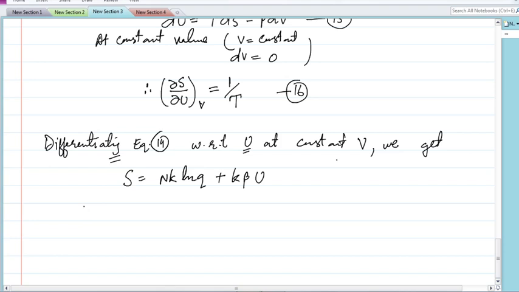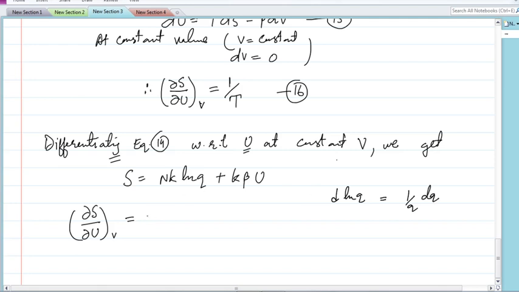So dou S with respect to U at constant volume will be equal to, when we differentiate ln Q, it can also be written as 1 upon Q dQ. So we will use it here.